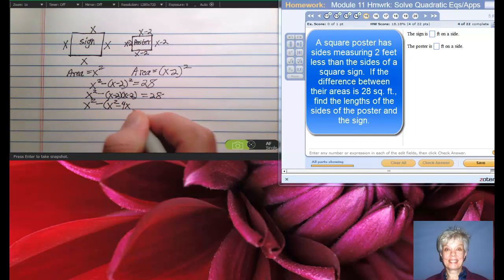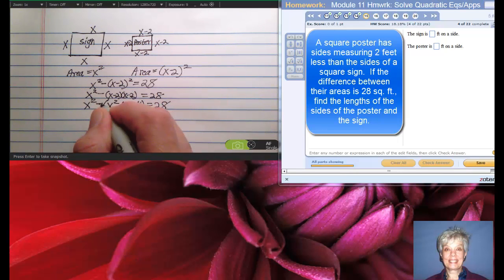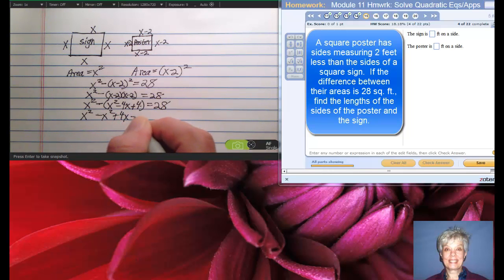Negative 2 times negative 2 is positive 4 equals 28. Now, when I distribute the minus sign, which acts like a negative 1, I'll get x squared minus x squared plus 4x minus 4, and that equals 28.